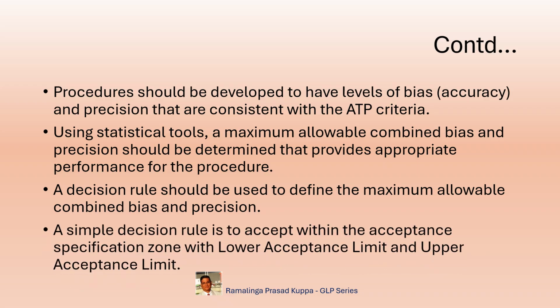A simple decision rule is to accept within acceptance specification zone with lower acceptance limit and upper acceptance limit. Obviously, the results within the lower and upper range of specifications can be considered for taking the decision for compliance.